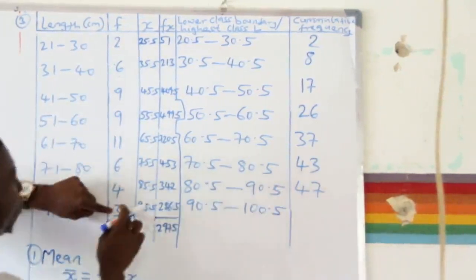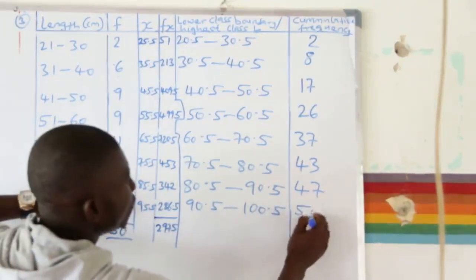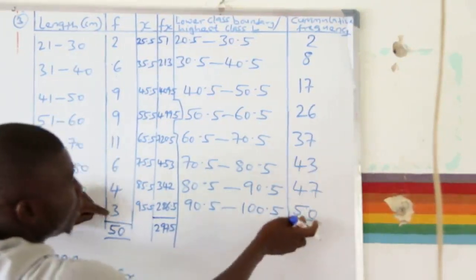Then 47 plus 3 will give us 50. You can see that our final answer here is 50.